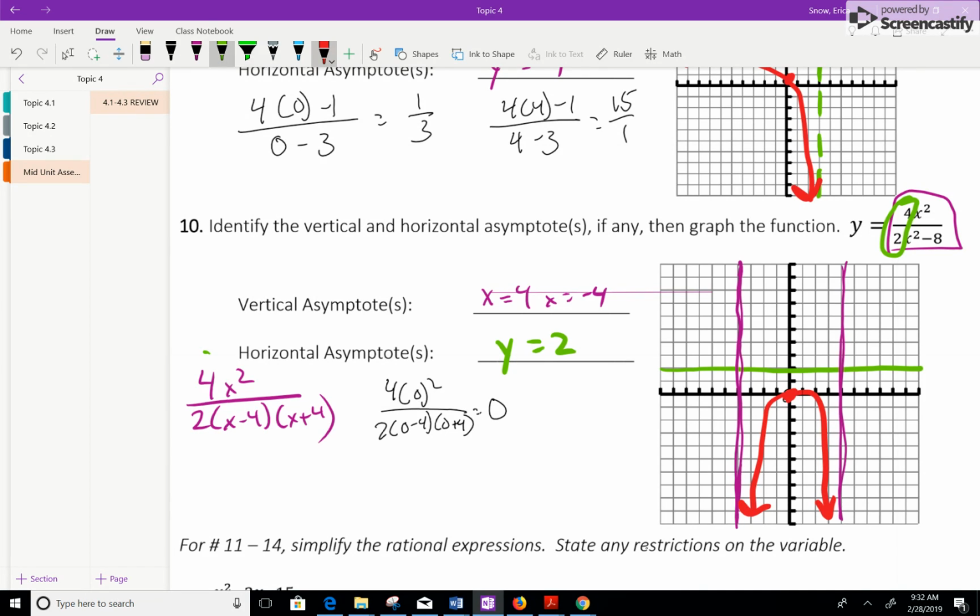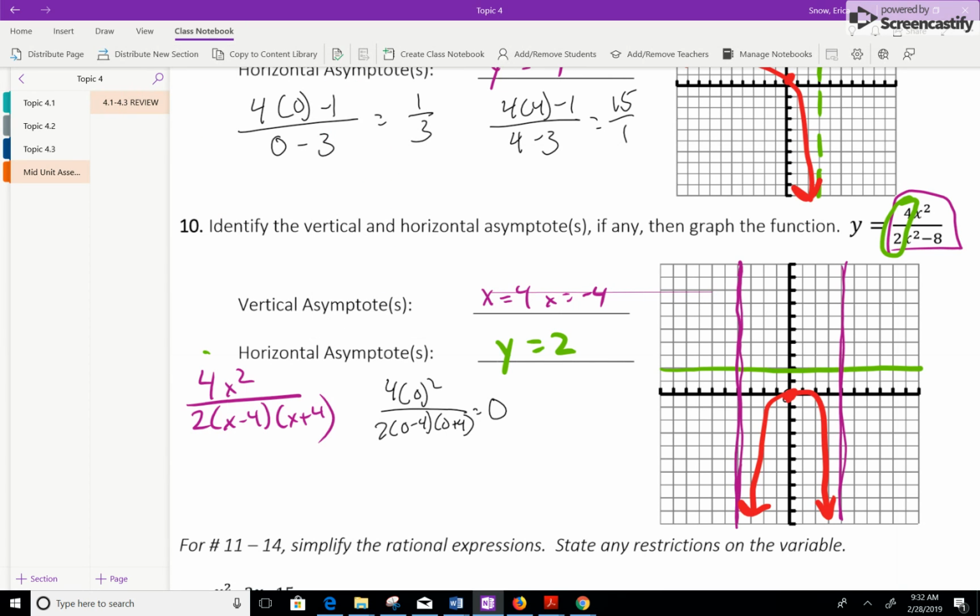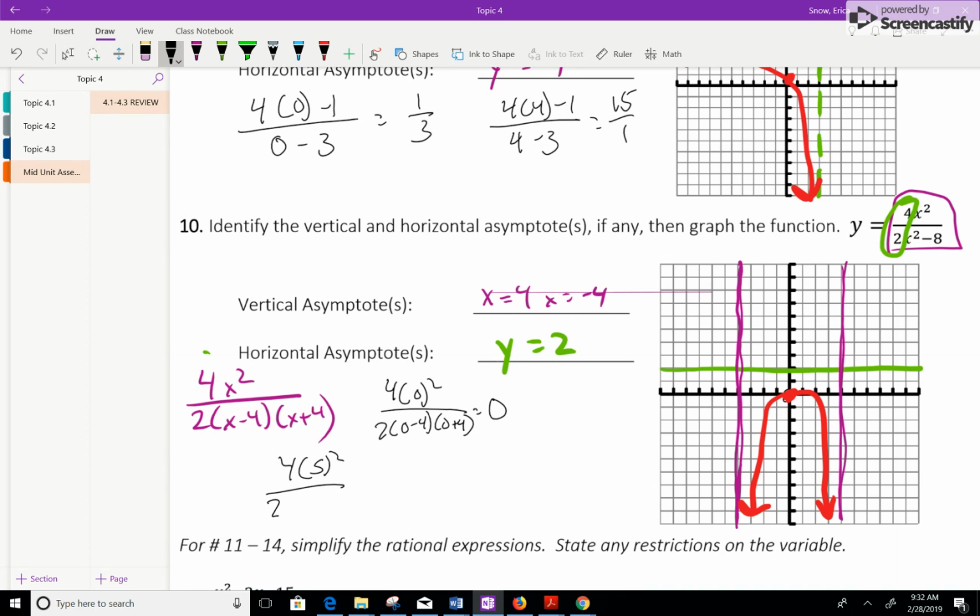Then if we plug in, we've got to be greater than 4. So if we plug in 5, we're going to get 4 times 5 squared over 2 times 5 minus 1 times 5 plus 1, which gives us 100 over 42, which is bigger than 2.